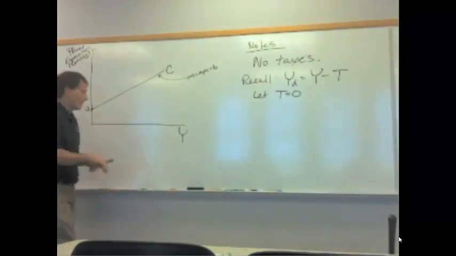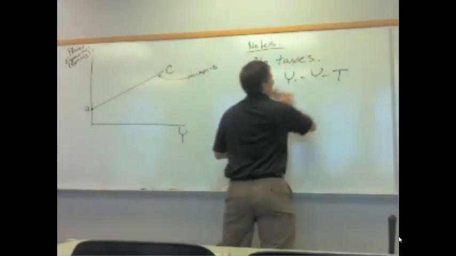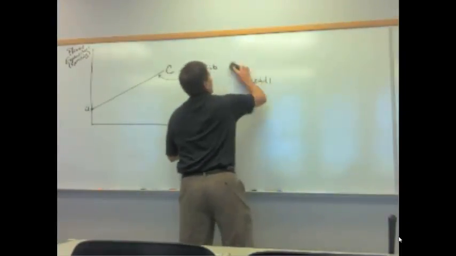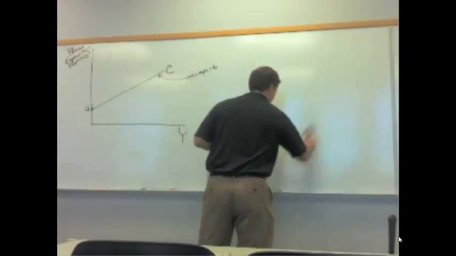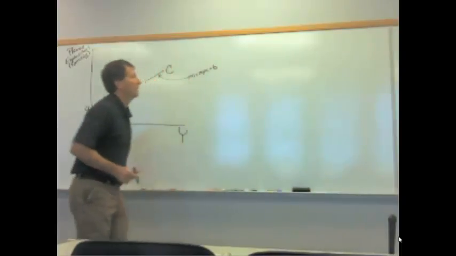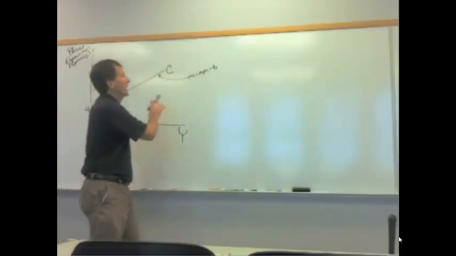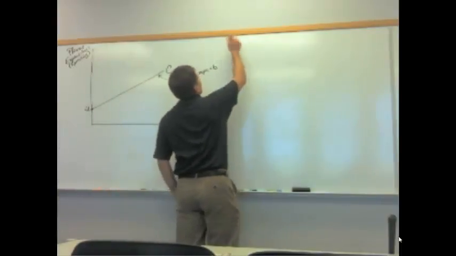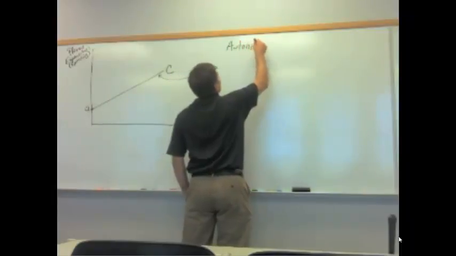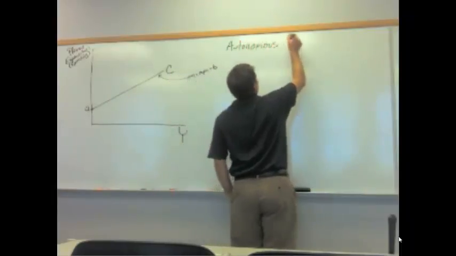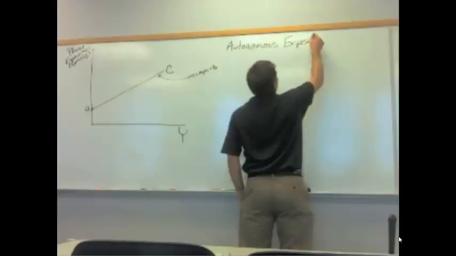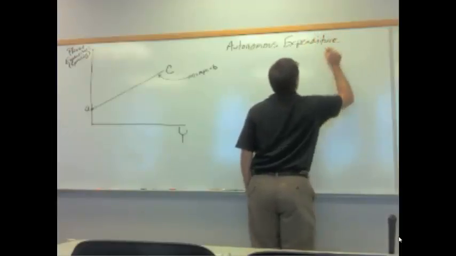All right, we're going to make a couple other assumptions here and talk about different types of spending. So we had autonomous expenditure through that little A factor. So we've got autonomous expenditure or spending.